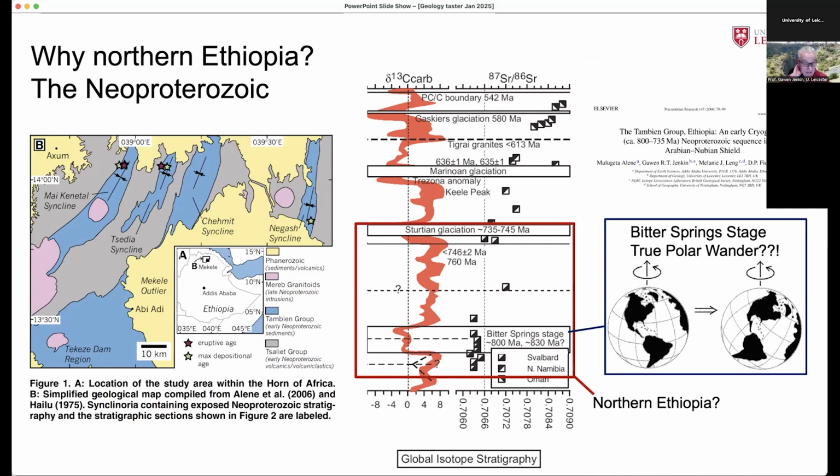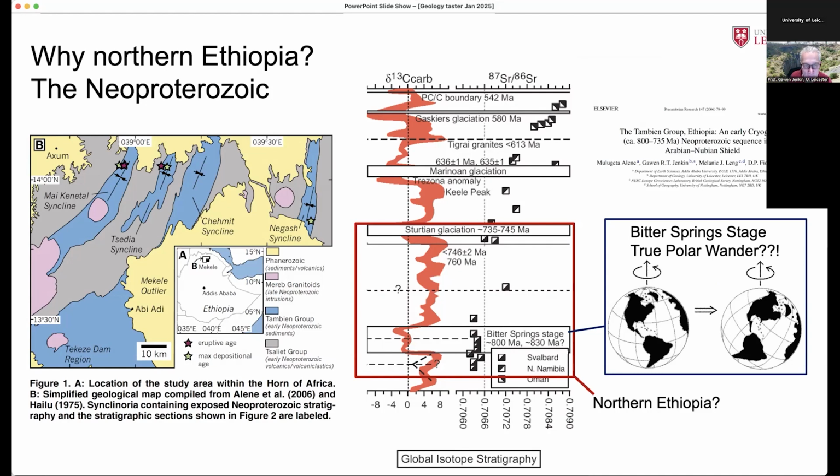And physicists believe this can happen in the right circumstance. And the suggestion is that we've had true polar wander and the Earth is tilted on its side. We've had this anomaly and then it's actually tilted back. So it's a pretty crazy idea. And being able to prove this or add evidence to it requires that we can see that event in a number of places around the world.